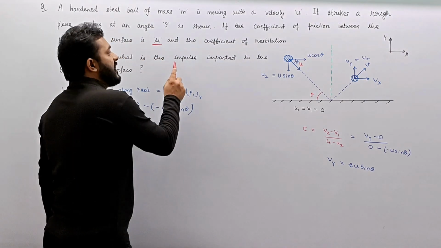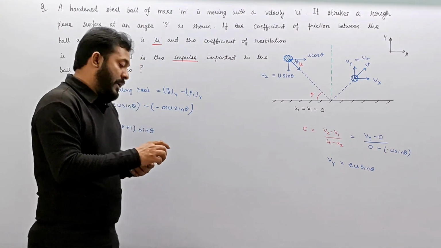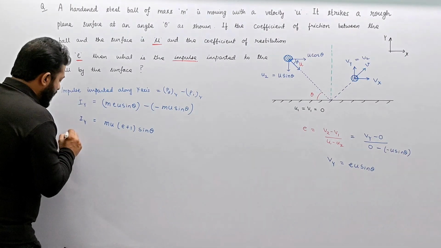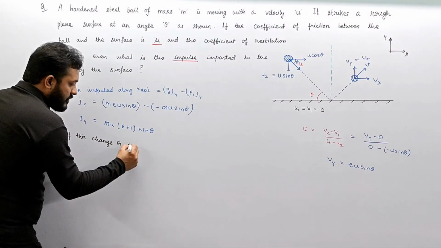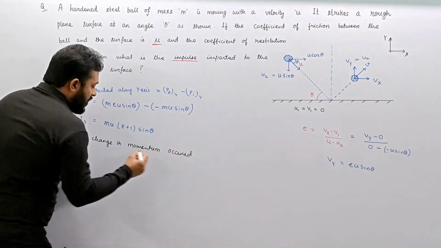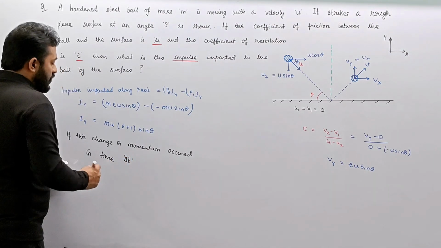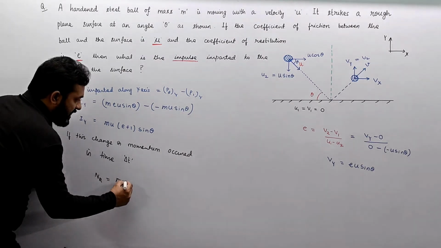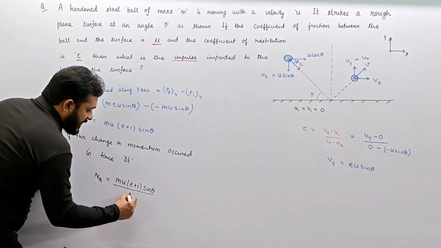And since the problem is asking us to just calculate the impulse, we are calculating friction due to impulse. So if we consider this as a change in momentum, and this change in momentum occurred in time delta t, then the normal reaction force imparted due to this is going to be mu (e plus 1) sin theta upon delta t.